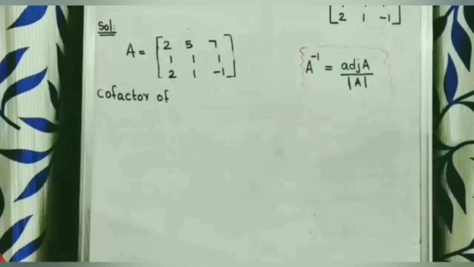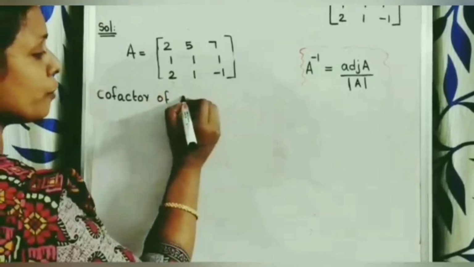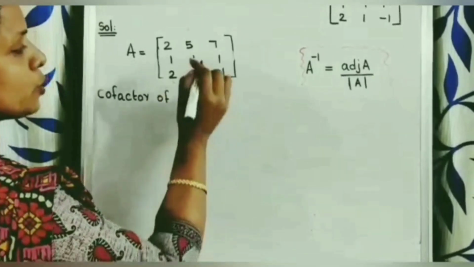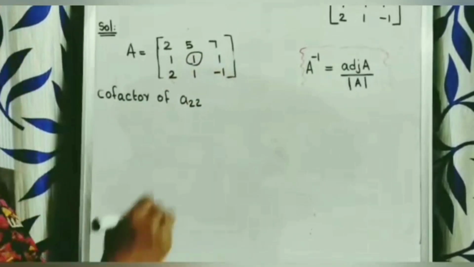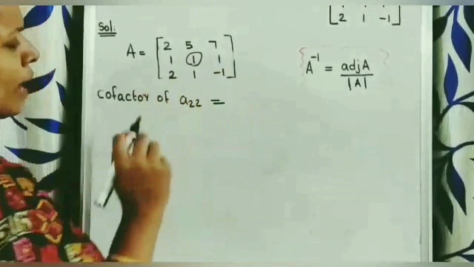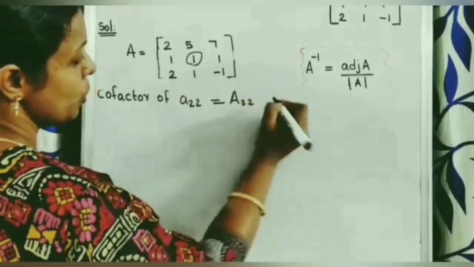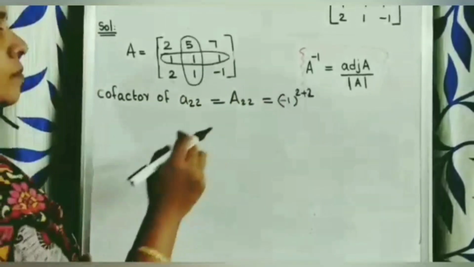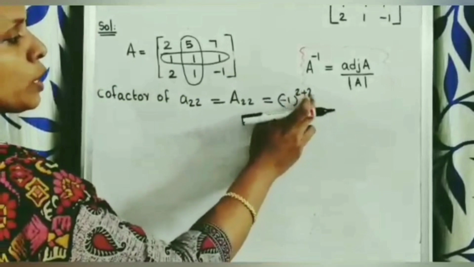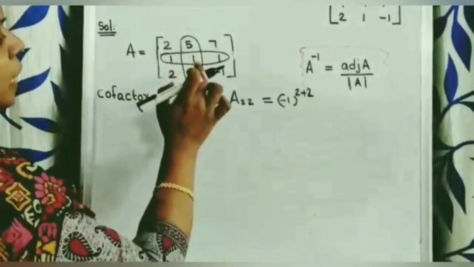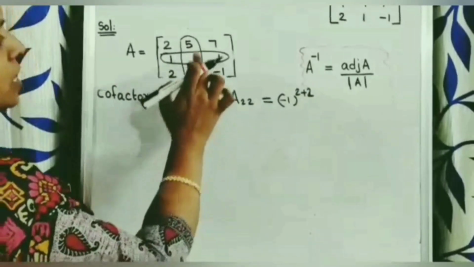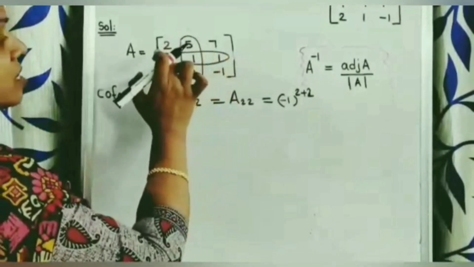Next we find cofactor of A22. Here A22 is 1. Cofactor of A22 we denote it as capital A22. That is equal to here negative 1 whole raised to 2 plus 2. We eliminate second column and second row.